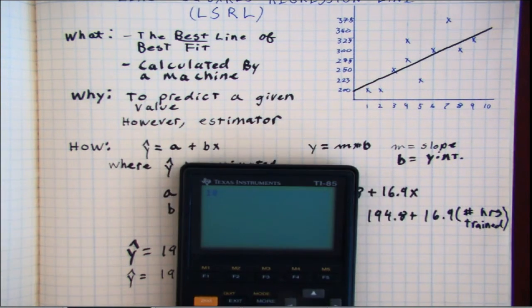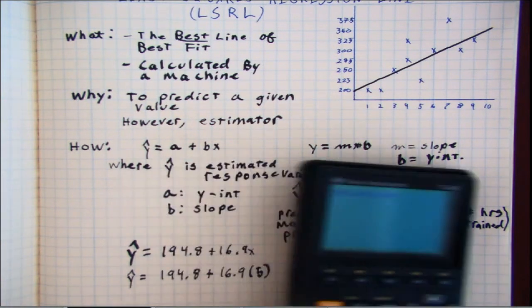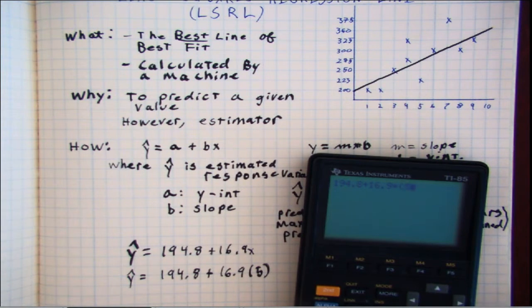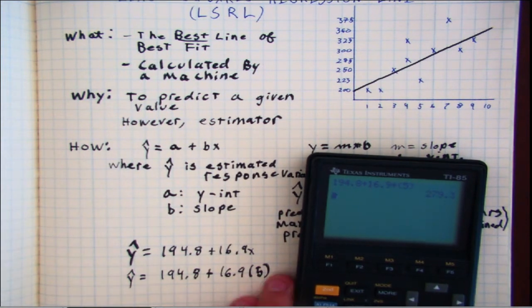You calculate it: 194.8 plus 16.9 times 5 is 279.3.